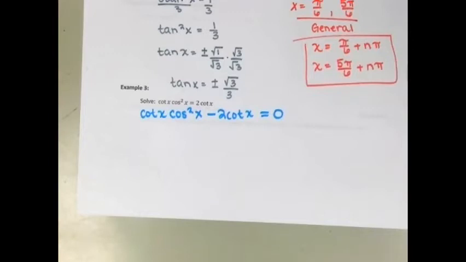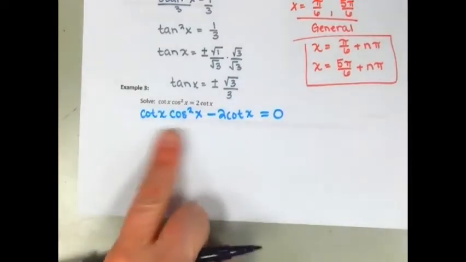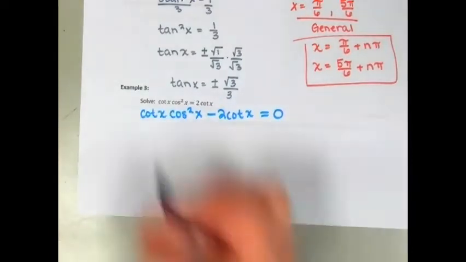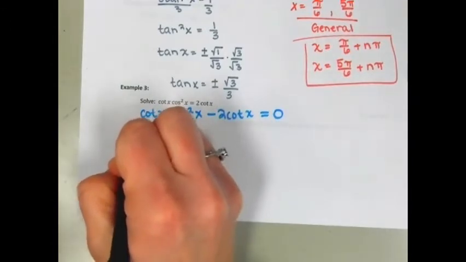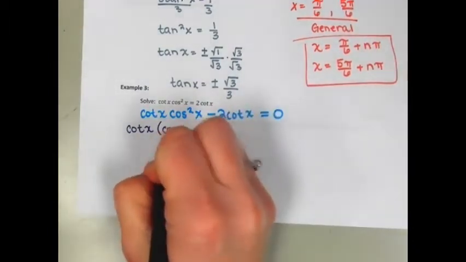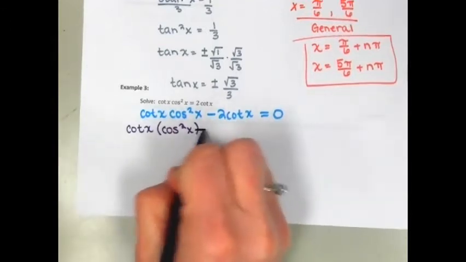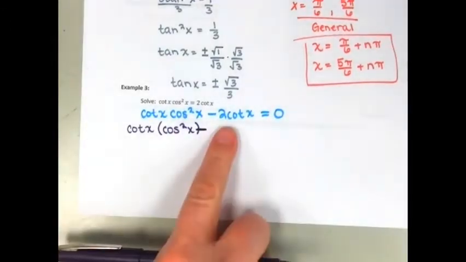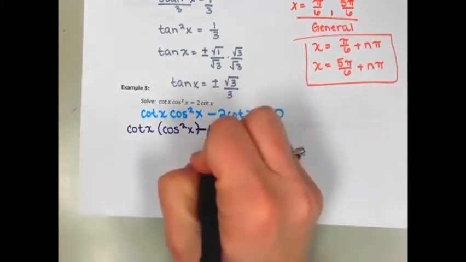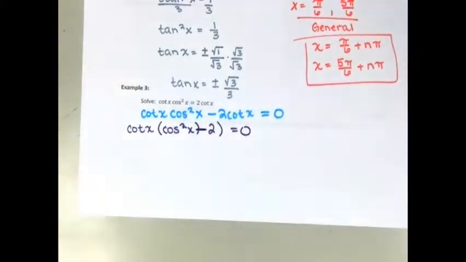So if I look at this, can I factor anything out of these two? Cotangent. Can't I factor out a cotangent? So if I factor out a cotangent from cotangent x cosine squared x, don't I just get the cosine squared x? Oops, minus, sorry. And if I take a cotangent out of 2 times the cotangent, aren't I left with just minus 2 equals 0? You guys okay with that?